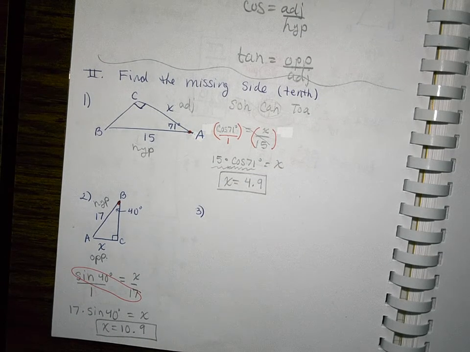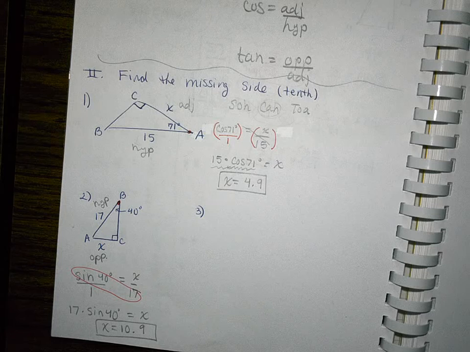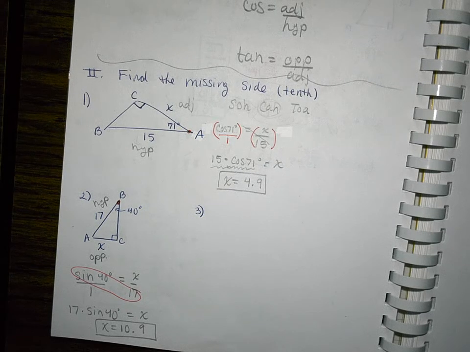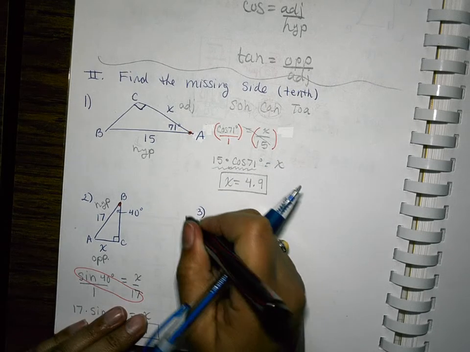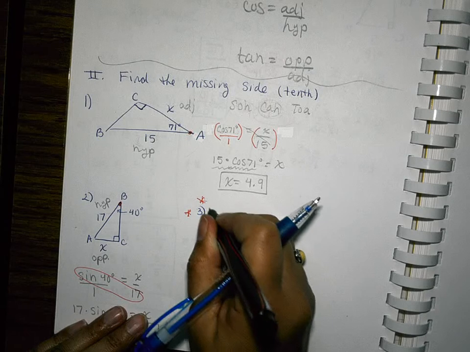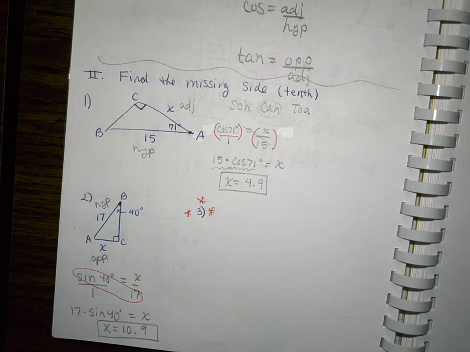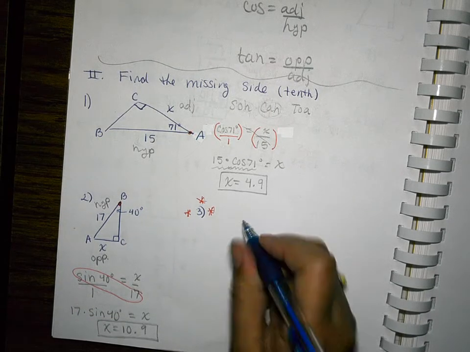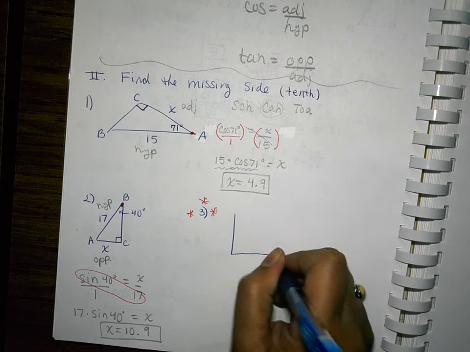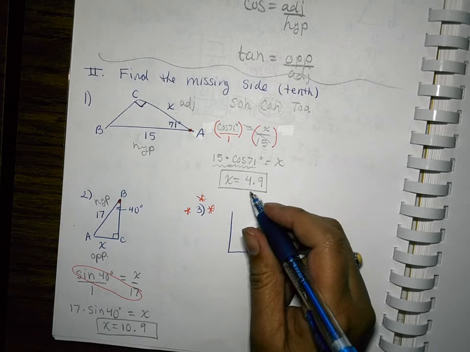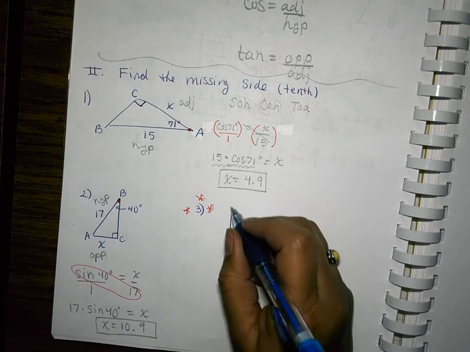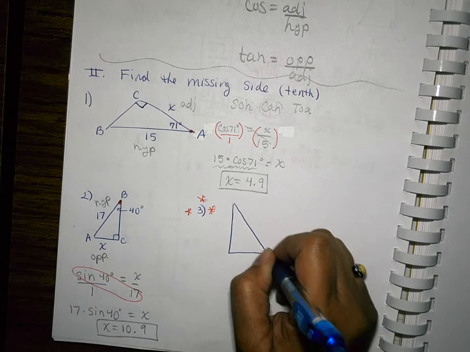Okay, number 3. Number 3, I'm going to put stars by because this one's tricky and it gets kids every year on the test. So let me show you why it's a little different. Right angle.